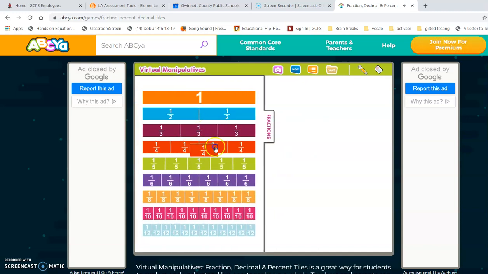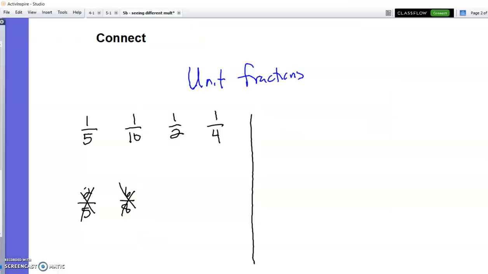So if we made like 3/4, we made it out of 3 1/4 pieces, 3 different unit fractions together to make 3/4. So unit fractions are the ones that over here would be one piece, one unit. It's like 1/4, 1/5, 1/6. So we called those unit fractions. And that word's going to come up again today. And I just wanted to remind you.